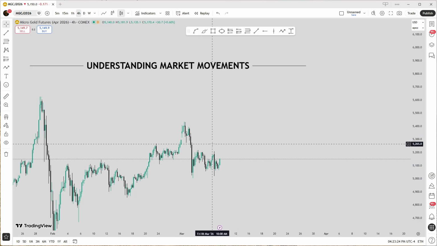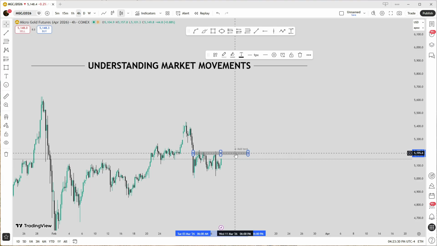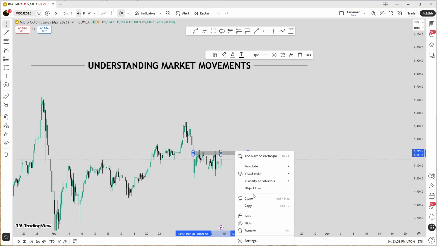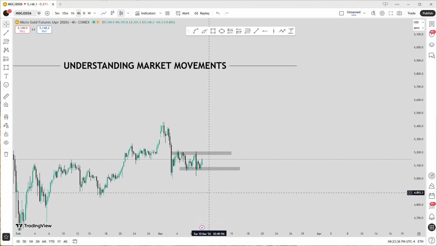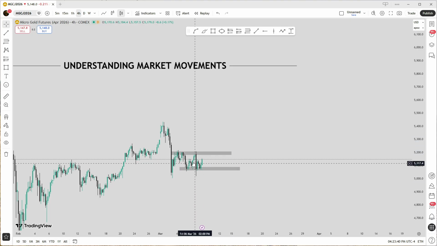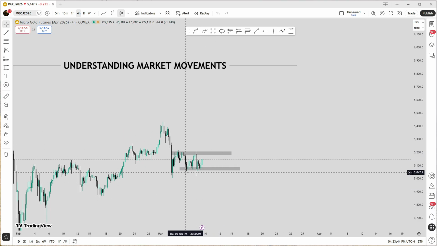But off the bat, we wouldn't place a trade here because this is the last high and this is the last low. This is a no trade zone because the market has just been going sideways within this zone.